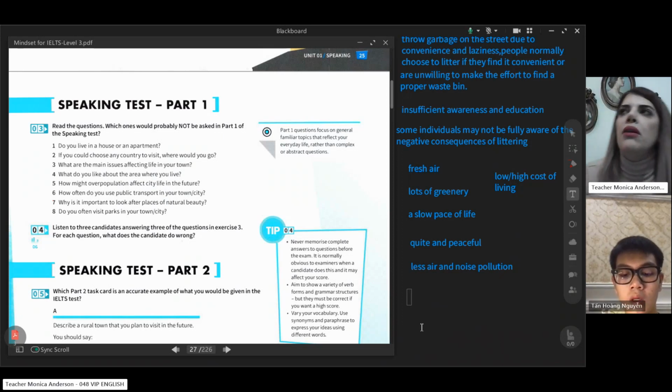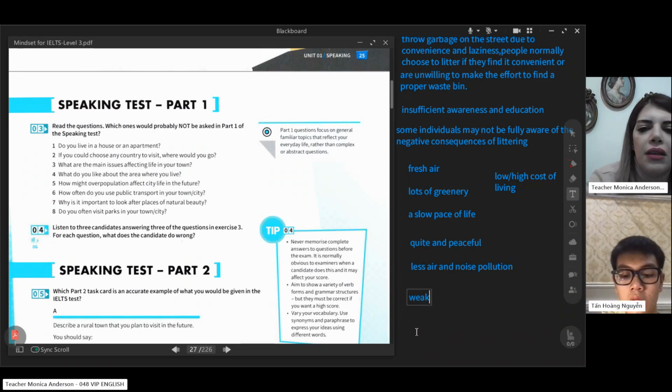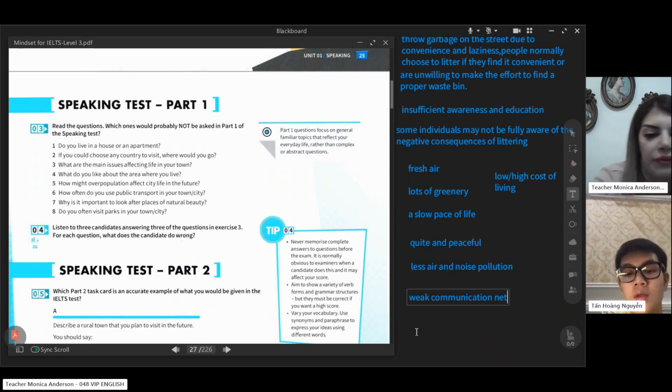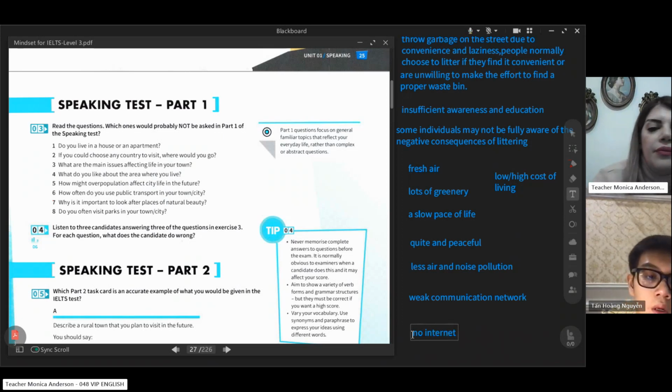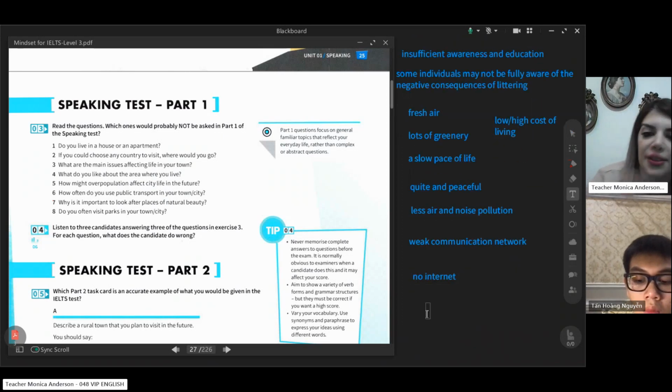For example, if you have a weak communication network, for example in the countryside, about internet, or for example job opportunities. So few job opportunities.